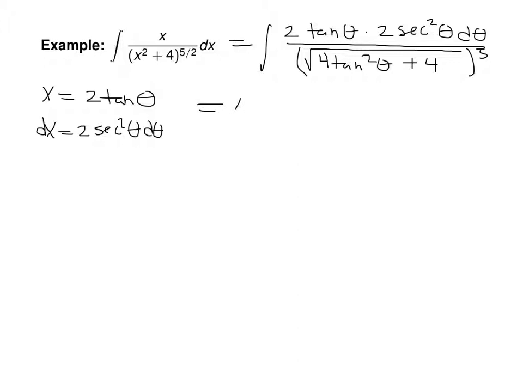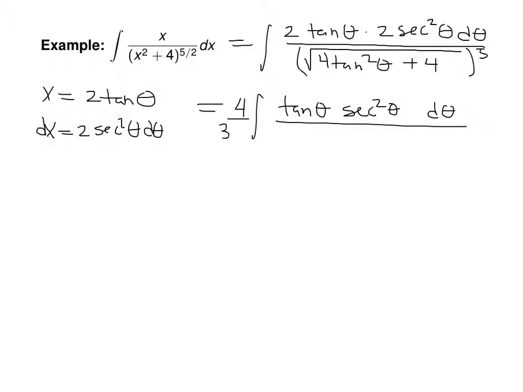So all in all, pull that 4 out: integral of tan theta secant squared theta d theta. Now in my denominator, I can factor out that 4, which becomes a 2 once it's rooted. Then it's raised to the 5th power. So 2 to the 5th power is going to be 32.